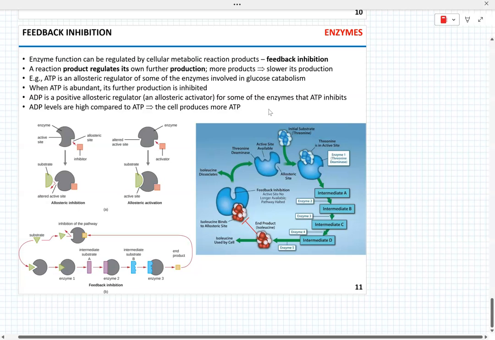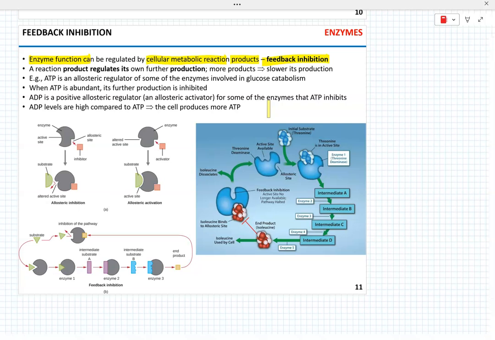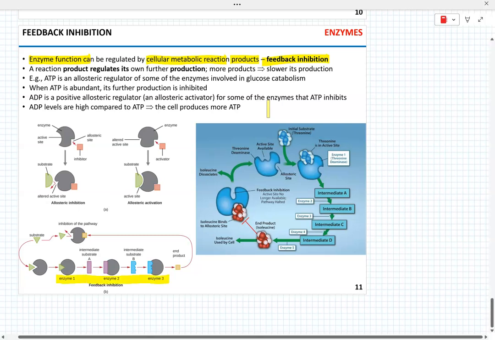The last aspect of the enzyme regulation is the feedback inhibition. The function of the enzyme can be regulated by the products of the metabolic reaction that this enzyme facilitates. This is why we call it a feedback inhibition. So, for instance, in the illustration on the bottom panel on the left, you can see that 3 enzymes, 1, 2, and 3, are essential to produce the end product.